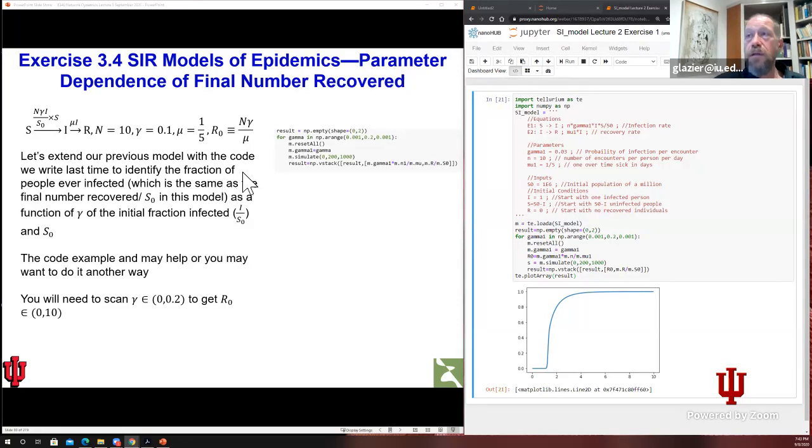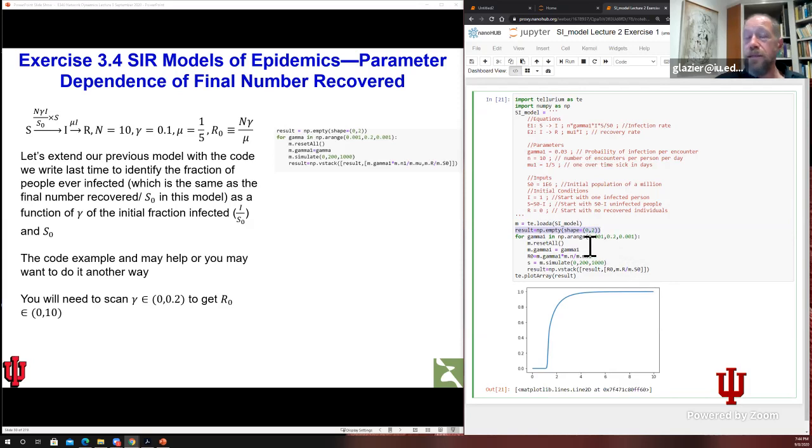So again, what I want to do is calculate the fraction of people who are infected at the end, which means the fraction of recovereds, as a function of R naught. And so I'm going to scan gamma in my simulation. I create a place to put my results, which has 2 columns in it.